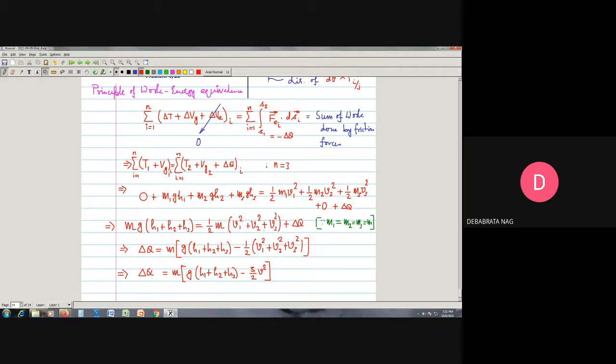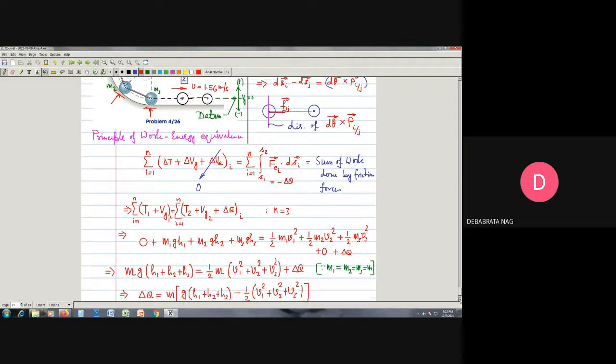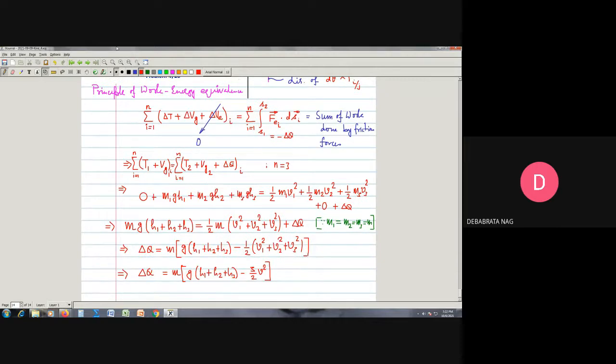This is written for position 2, but I am not going into that complex subscript, and I say that this is going to be my basic equation. Now again we note that in the initial configuration the third ball is at the datum level, so obviously this H3 we can take to be equal to 0. So the H3 value can be taken to be equal to 0.